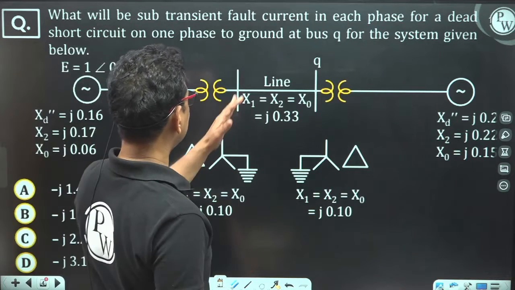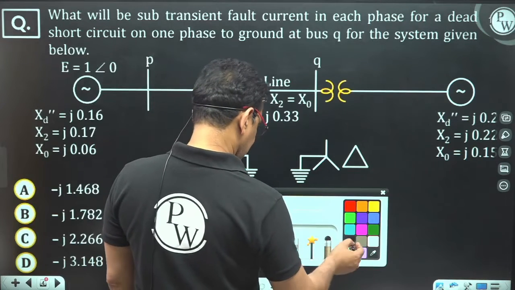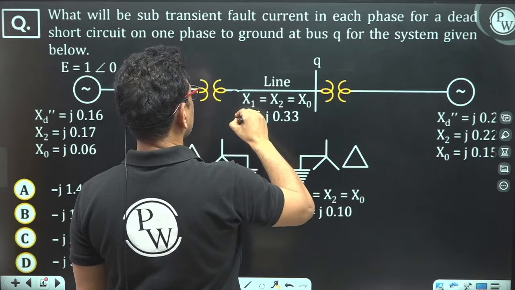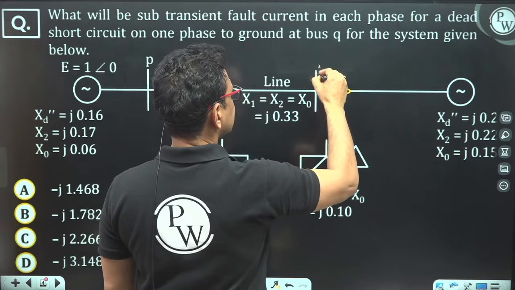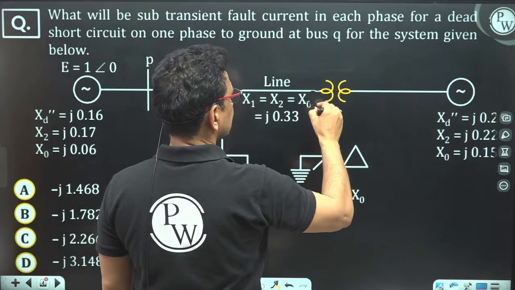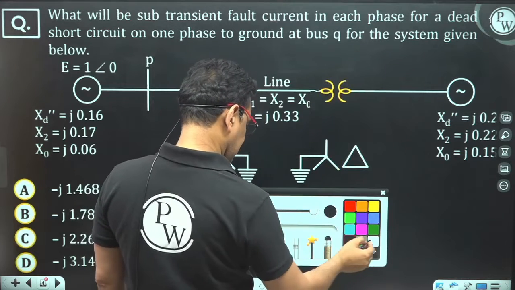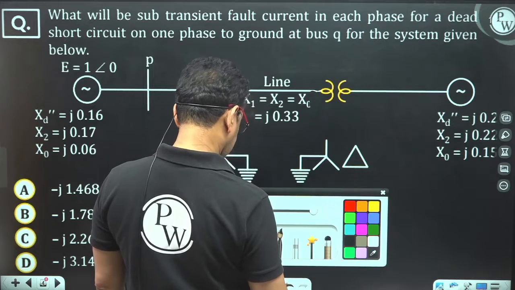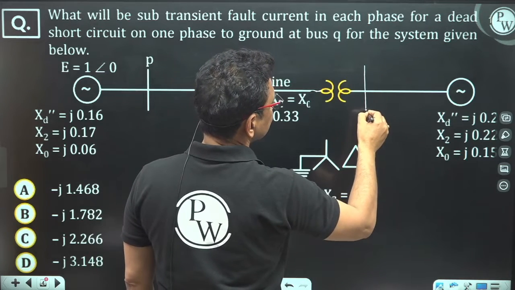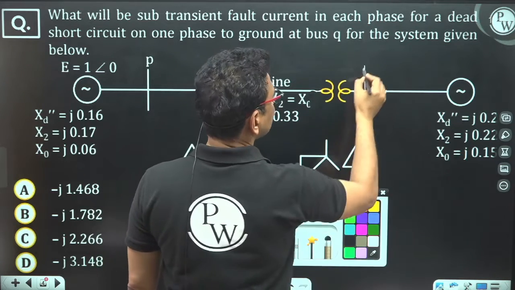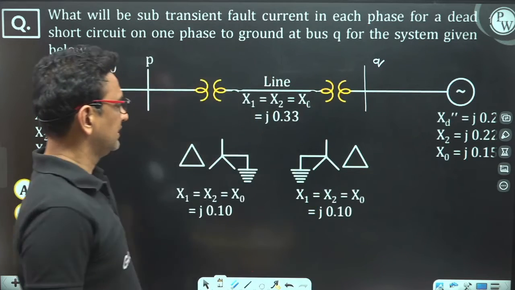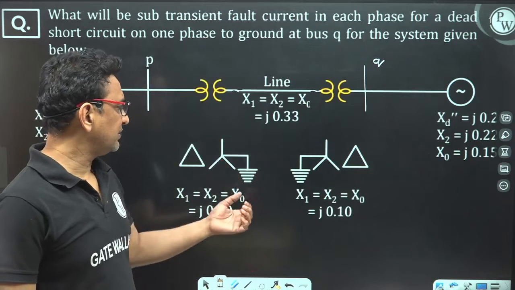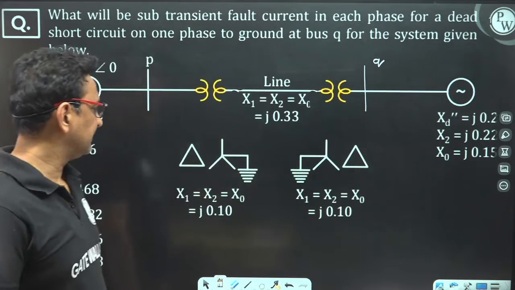Actually, generally we do not take a bus here, so let me change this question, because we always have the bus at the generator side. So let's take this as Q. According to that, we will change the option. Clear? So this transformer is connected in delta star grounded, then star grounded and delta.